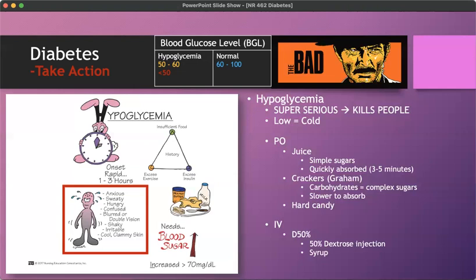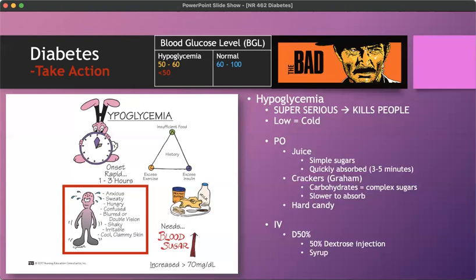If patients are not able to follow directions, so they're not able to drink fluids or eat graham crackers, then we need to rescue them by giving them medication through their IV. And the medication we give is D50, so 50% dextrose in an injection. And it comes in like a 50 or 60 cc syringe. It's a huge syringe, and you hook that up to their IV and you push it.